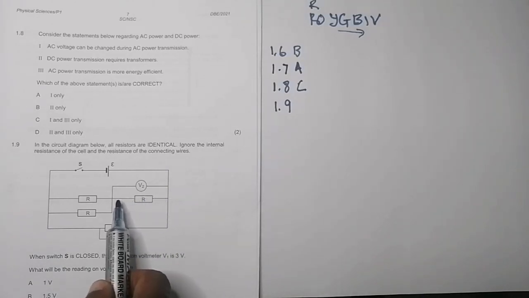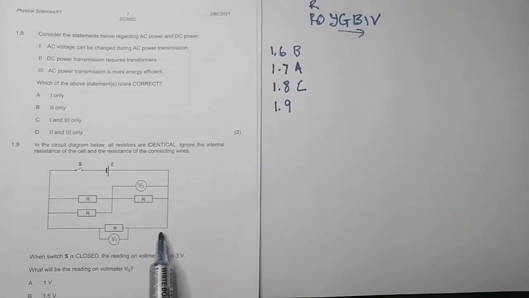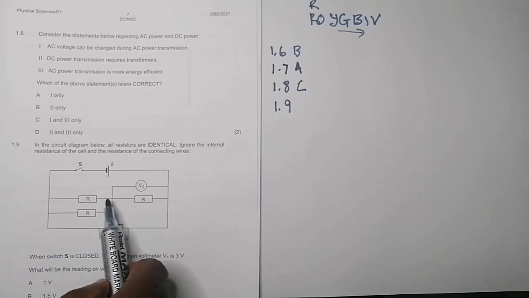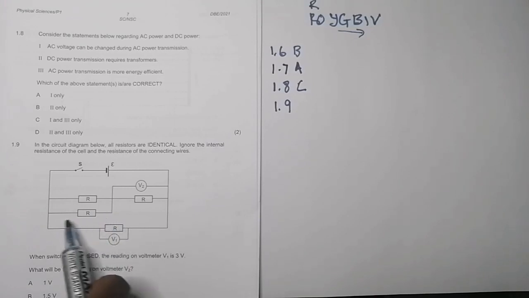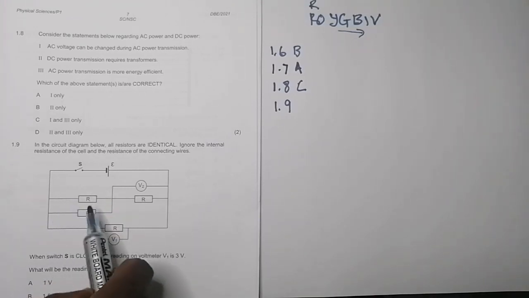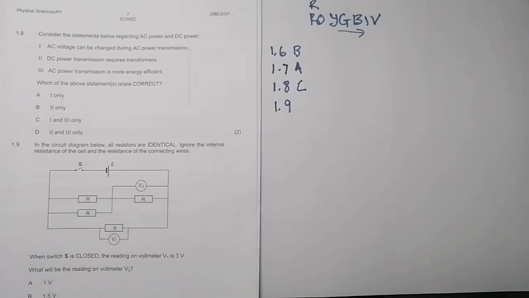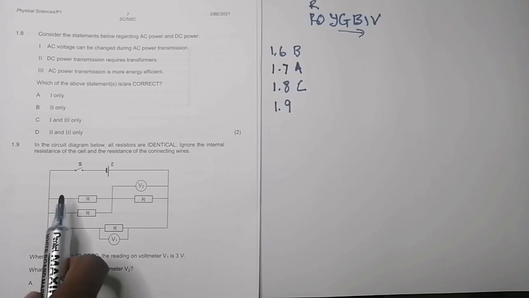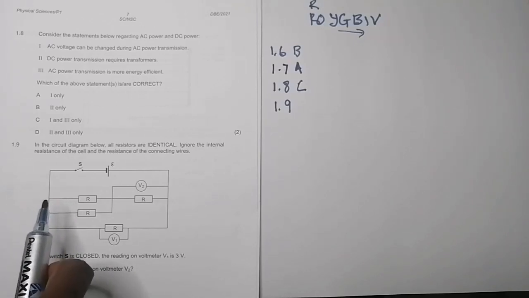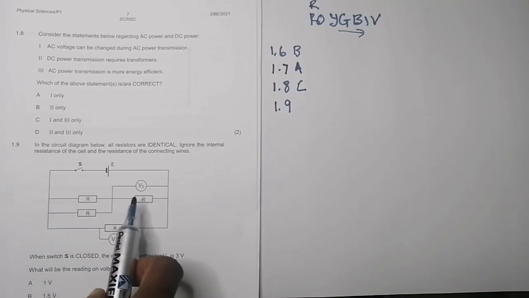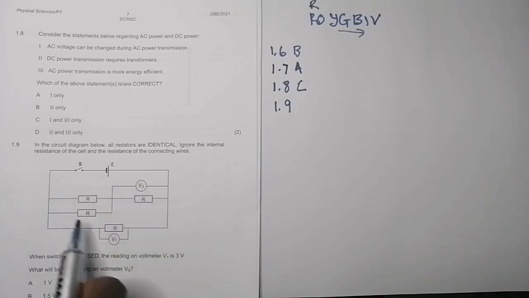You'll have current moving into resistor R, and another current moving through this other resistor. So the current divides. Those two are in parallel with each other, and the combination of them should be in series with this resistor here. The combination of all of these should be in parallel with that one resistor R there.